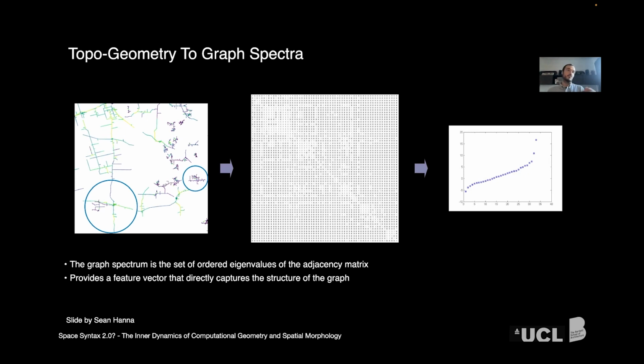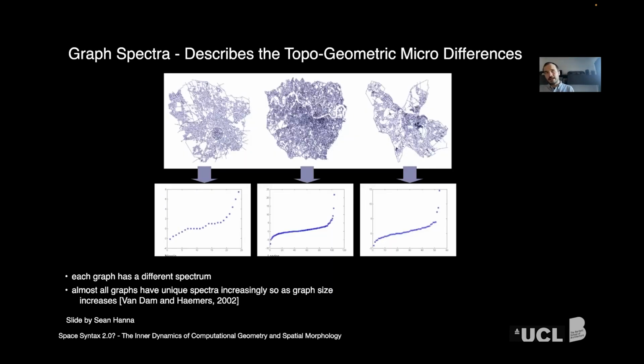A graph spectrum is a set of ordered eigenvalues of the adjacency matrix of the graph, of course, and it provides a feature vector that directly captures the structure of that graph or subgraph. Each graph has a different spectrum, and almost all graphs have unique spectra.